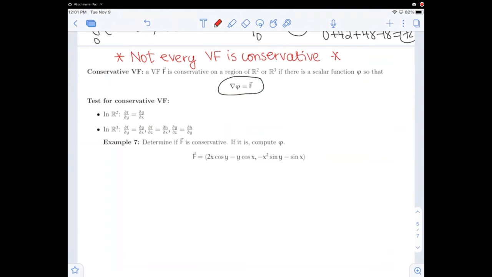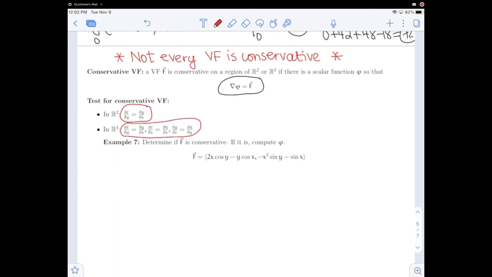So how do we test for a conservative vector field? If we have a vector field in R2, then we only need to check one condition, that the partial df dy is equal to dg dx. Okay, and then for R3, if you have a vector field with three components, then we have to check this pairwise.